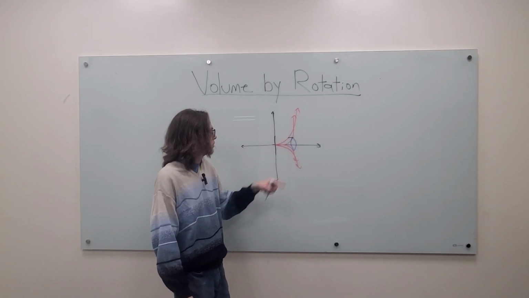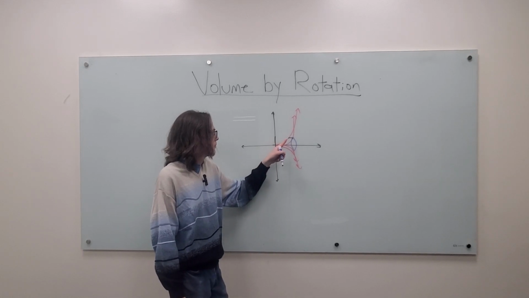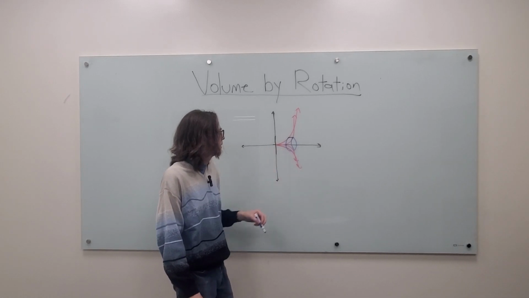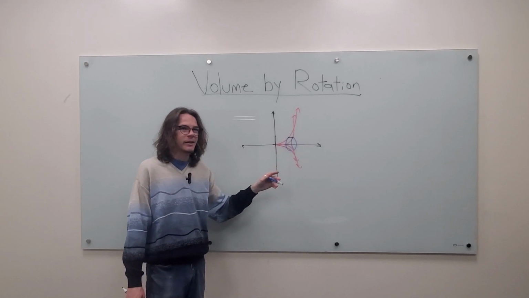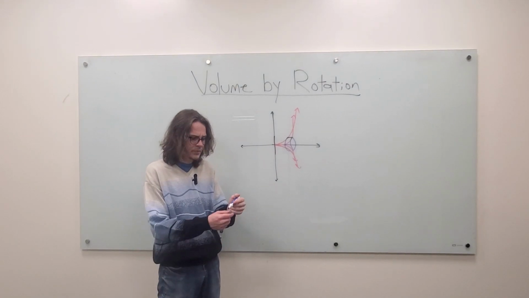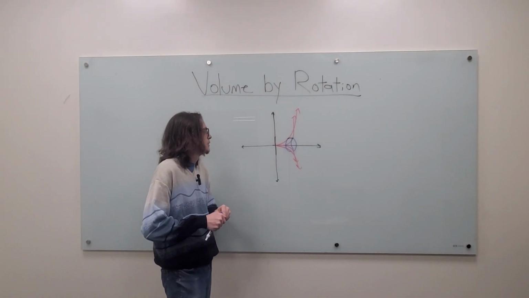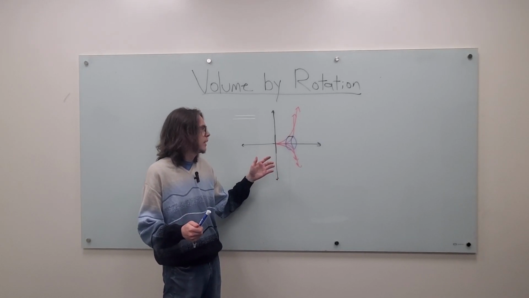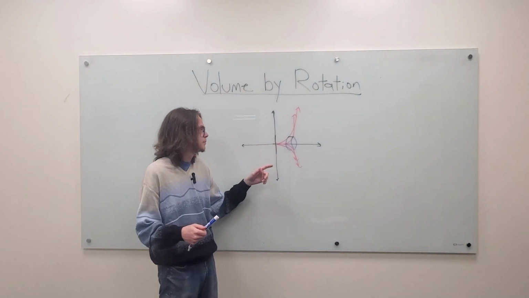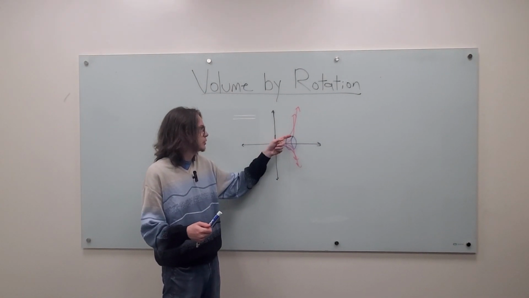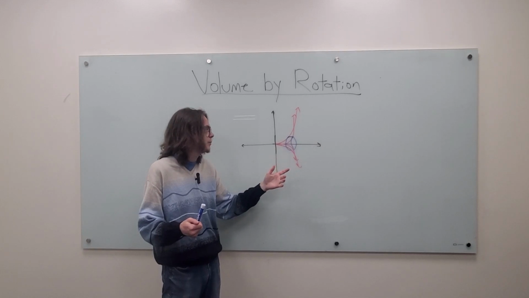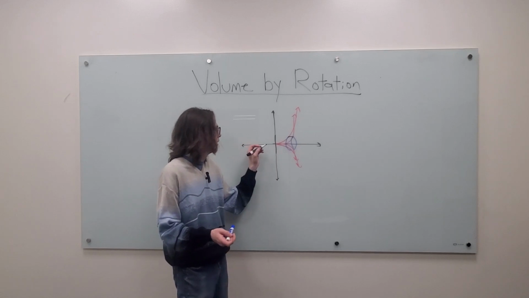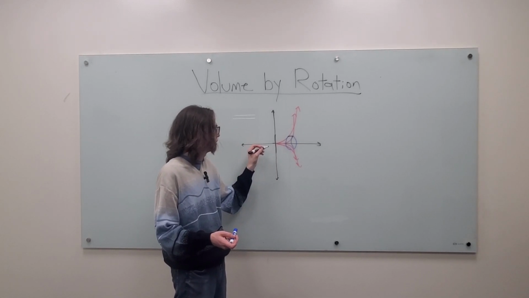It's going to be our circle, but it's going to be across the entire rectangle, right? So something like that. It'll sort of be a cylinder. And so what we're basically doing is finding the circumference of this figure multiplied by the height. I hope that makes sense if I explain it like that.